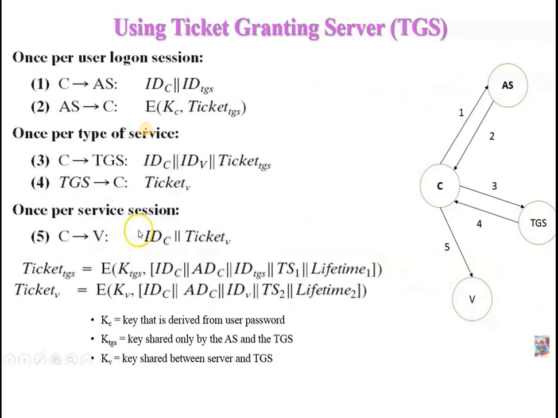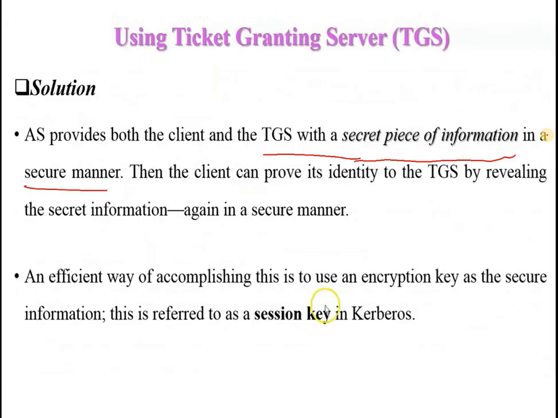Because this ticket can be attacked and hacked by the attacker, the AS has to provide to the client, along with the ticket, a secret piece of information in a secured manner.